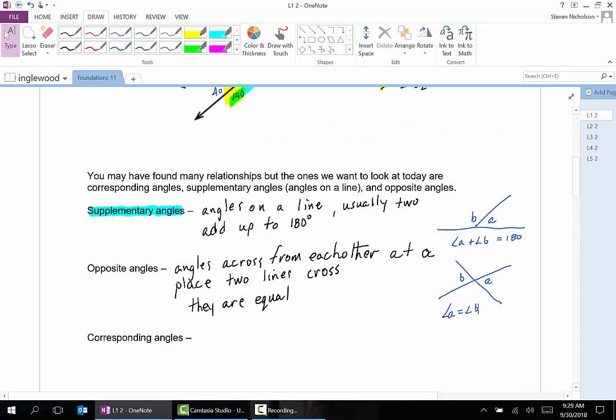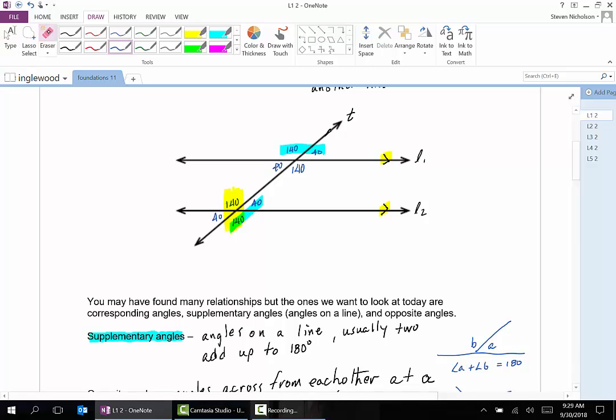And finally, the last one, which may be the new one for you, corresponding. So let me just erase these quickly. And what we saw is, just for example, relationships like this.